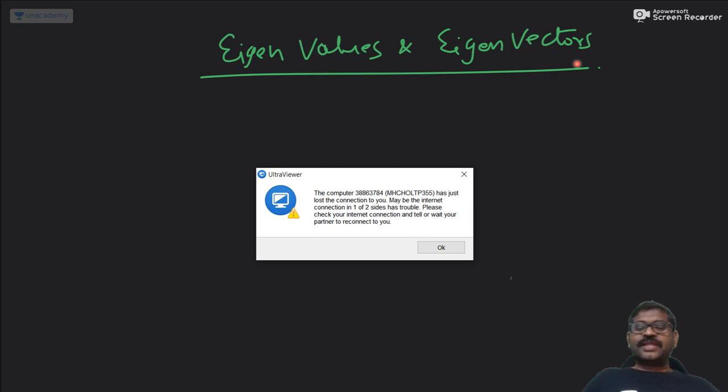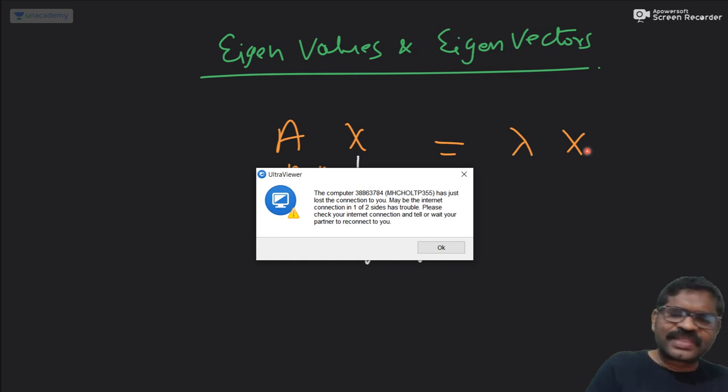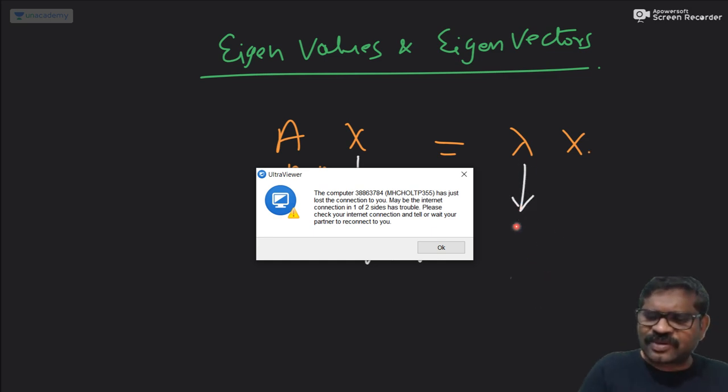Now, A is a square matrix. X is a non-zero vector. A times the non-zero vector equal to lambda x. This lambda is called eigenvalue.